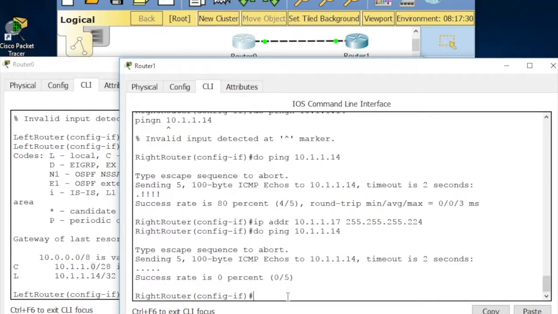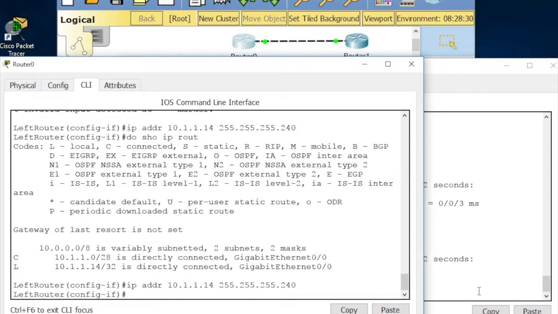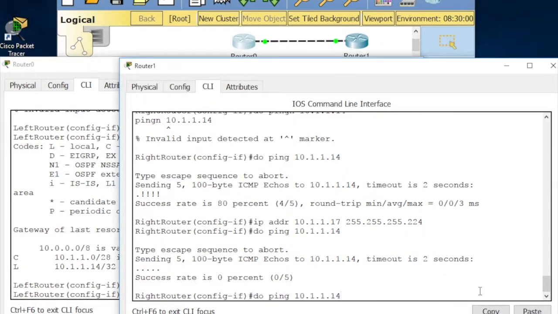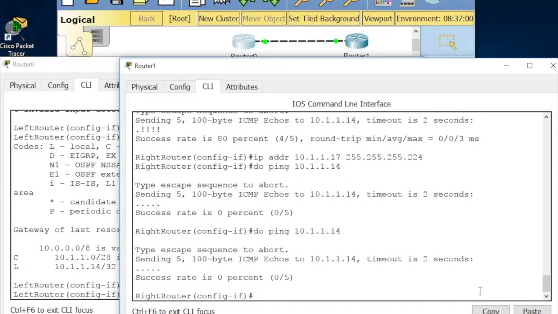Doesn't like it, so let's go back and change the addressing on this side. Okay, this is still not working, so we have some troubleshooting to do. Alright, let's do a show ip route first of all.